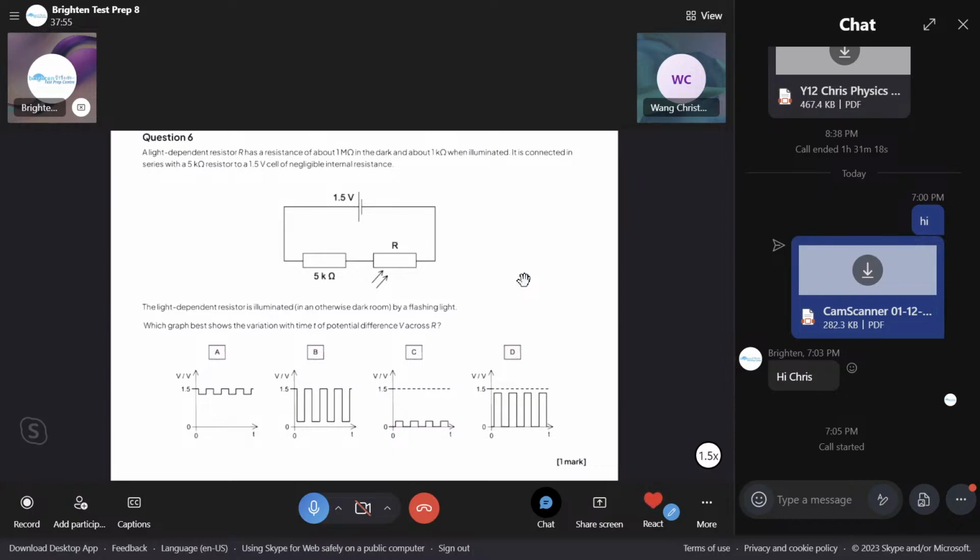Now, here on one side we have the charts, right? A, B, C, D. And we see obviously the potential difference, the voltage, in volts. It has a certain limit value, right?